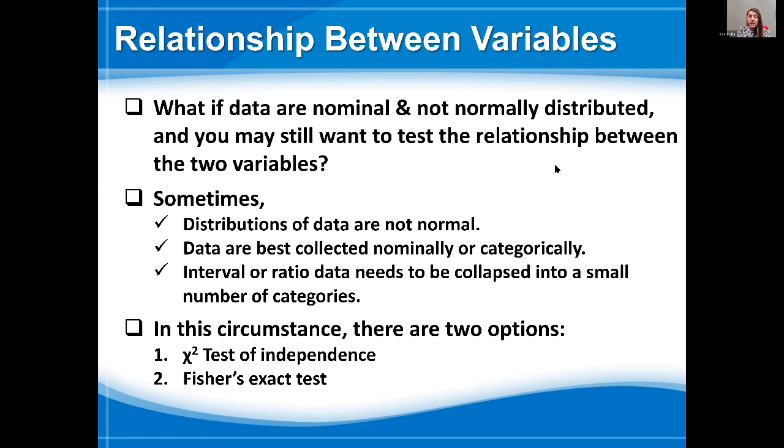Data are best collected nominally or categorically, or interval or ratio data needs to be collapsed into a small number of categories. So what do you do? In this circumstance, there are two options. You can do chi-square or Fisher's exact test.